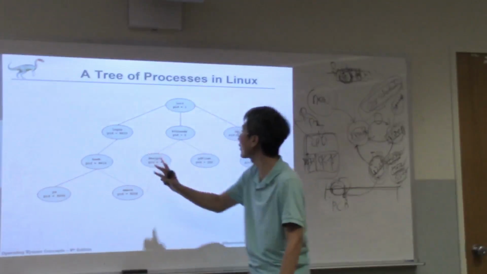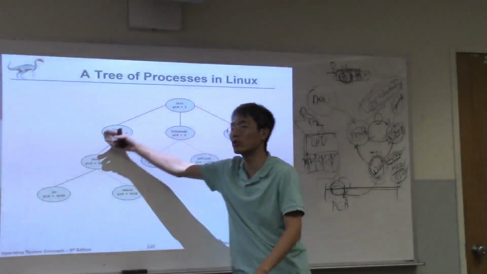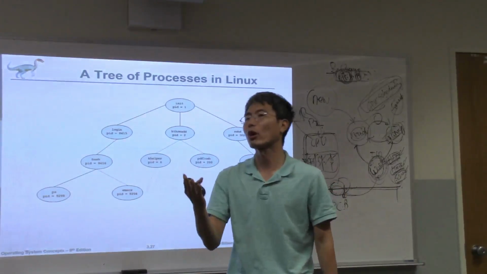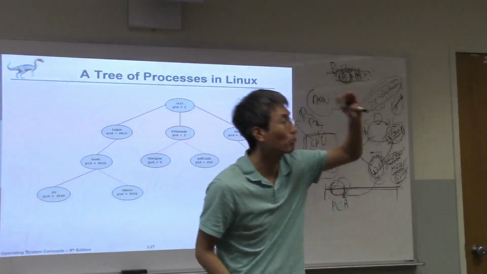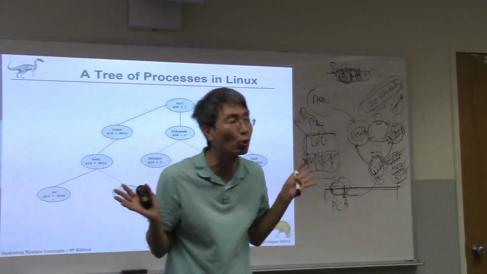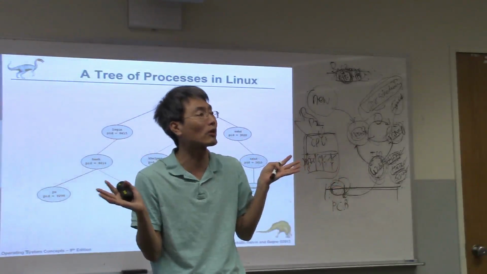So init can create the children processes, like in this case, the login, kthread, the SSHD. Mostly these processes will be system processes. When you're booting up your operating system, it will create the default processes, sometimes services, which you sometimes don't know. You can set up, but most of the time you don't know which one is which.